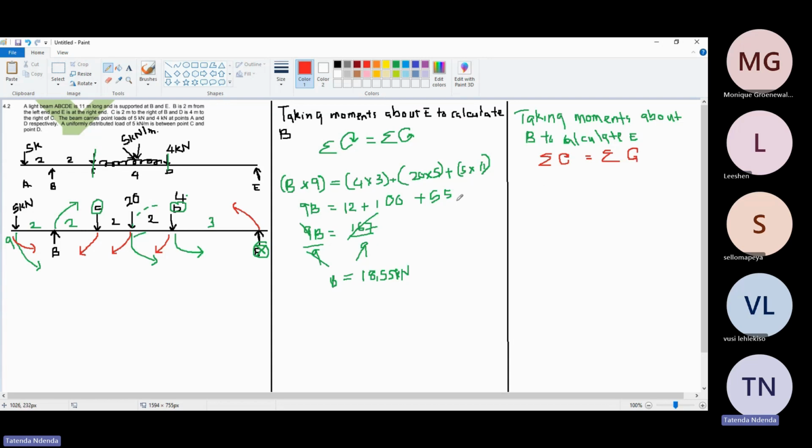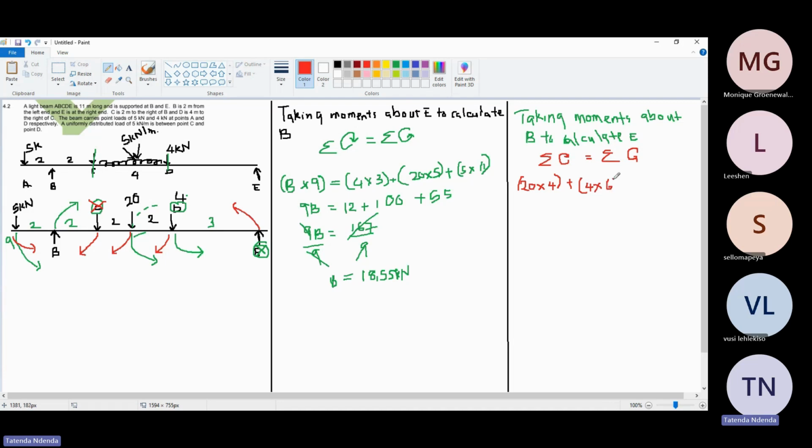Now we're saying clockwise moments. C is moving in this direction, but you're not considering C because there's no value here. So you're going to say 20 multiplied by 4, then add 4 multiplied by 2 plus 2, that's 4, plus 2, that's another 6.